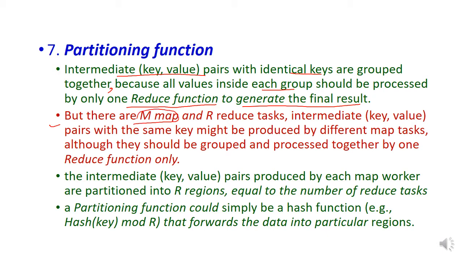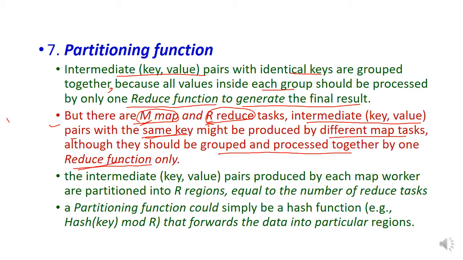But here we have m number of map functions and r number of reduce functions. So we have many map and many reduce tasks, and a set of intermediate key value pairs with the same key. For the same key we have many pairs, and those may be produced by different map tasks, and they should be grouped and processed together by one single reduce function.